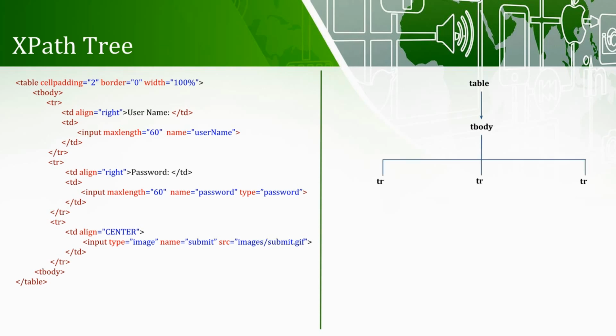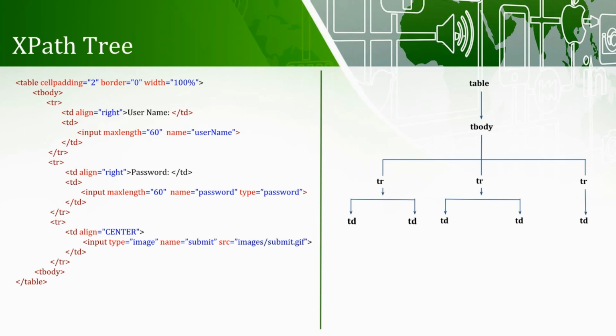Under first tr, under first row, we have 2 data cells. First data cell is the username. Second data cell has an input child. Now under second row also we have 2 data cells, and under third row we have only 1 data cell, which we have created on the right hand side. First has 2, second has 2, and third has only 1 data cell.